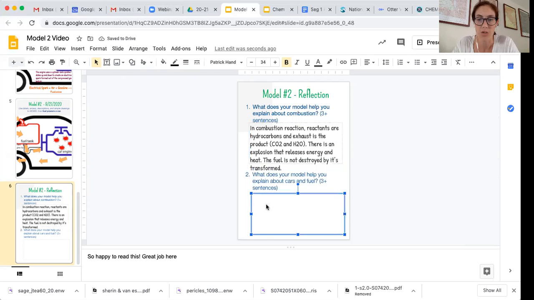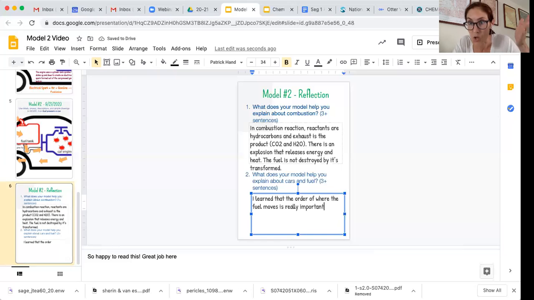For the second question here, what does your model help you explain about cars and fuel? There's a couple of things I learned. First, I learned that the order of where the fuel moves is really important, right? I can't start out in the exhaust pipe and then send my gasoline up from the back.